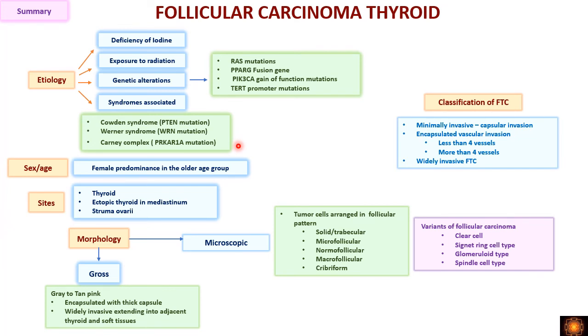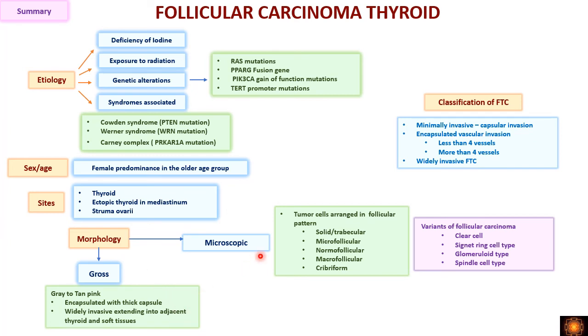And when we see the age and the sex, women are more commonly affected and in the elderly age group. Sites, as I told you, it can occur anywhere in the thyroid, or it can occur in the ectopic thyroid in the mediastinum and in the struma ovarii. Morphology, grossly, it can be encapsulated or it can be widely invasive.